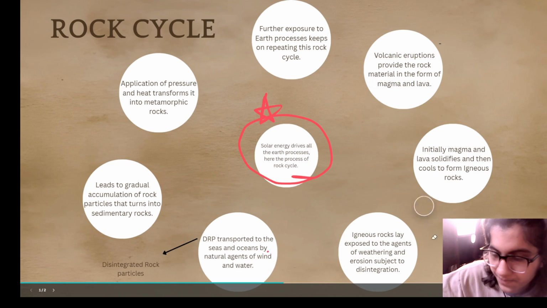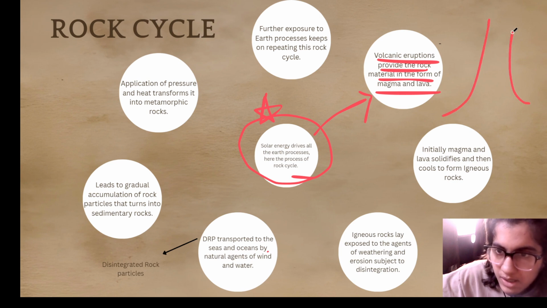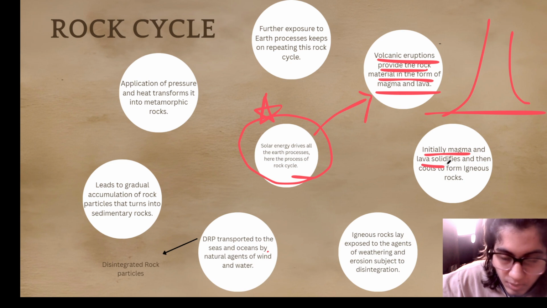First of all, volcanic eruptions provide the rock material in the form of magma and lava. So first volcanic eruptions happen, and because of that the rock material present beneath the surface comes out in the form of magma and lava. This magma and lava is in the fluid, or liquid, form.